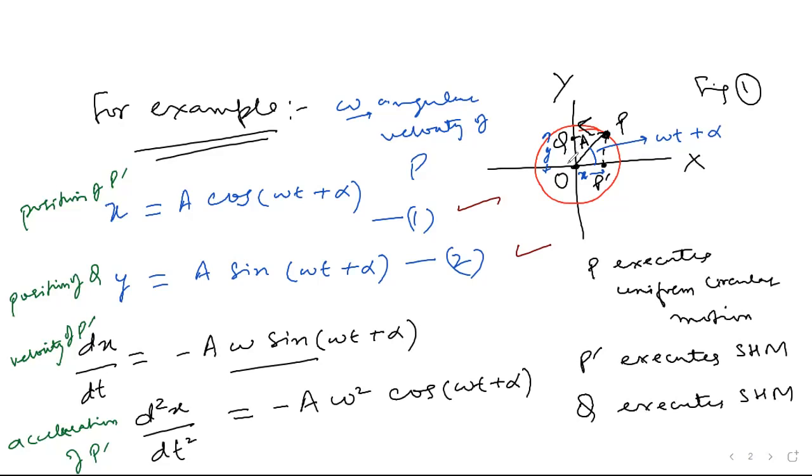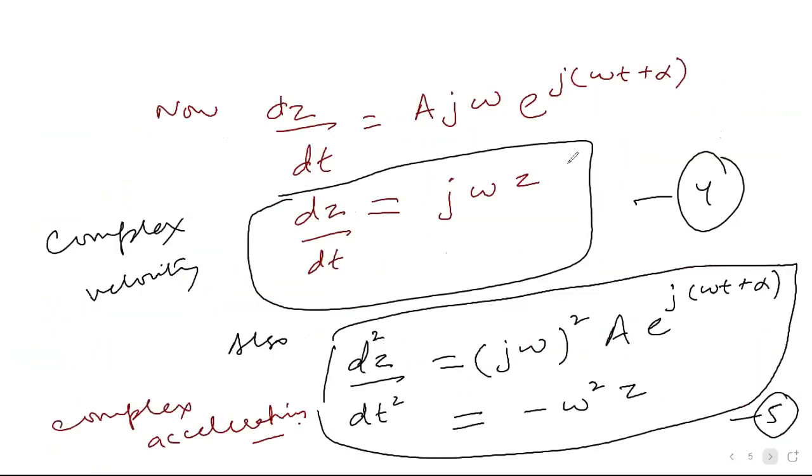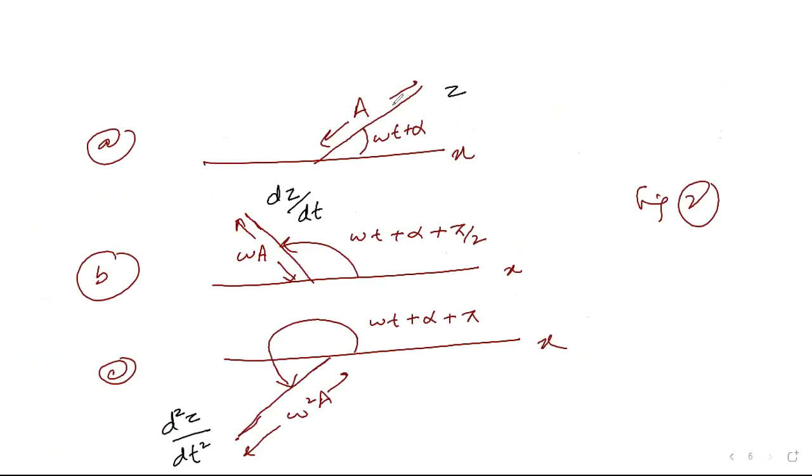How do we do that? We take the x projection of the vectors representing these complex quantities. See, this projection is my real position.